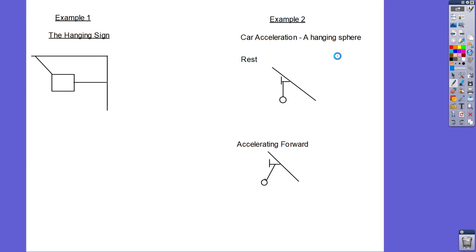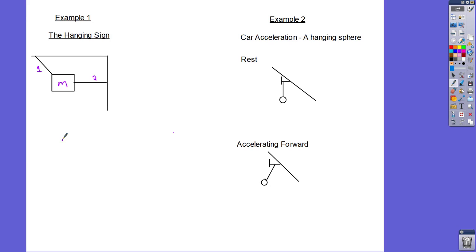Okay, so the hanging sign. That is something that is at rest, and this is similar to what I just did actually. So if this is our sign, it has a mass m. Let's call this 1 and this 2.